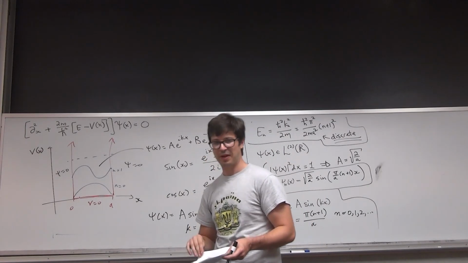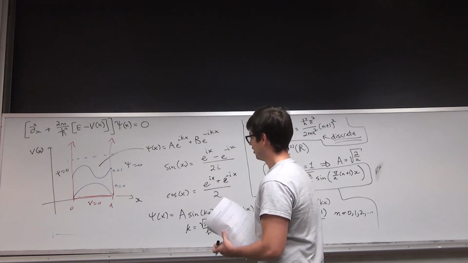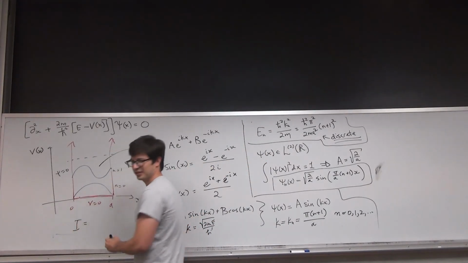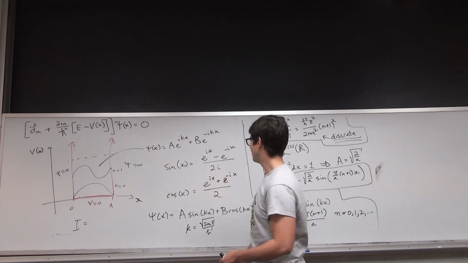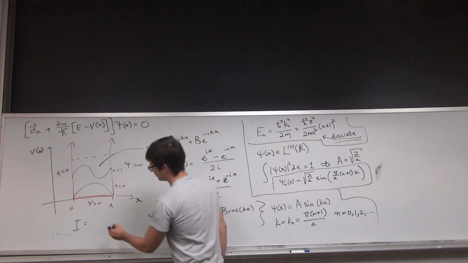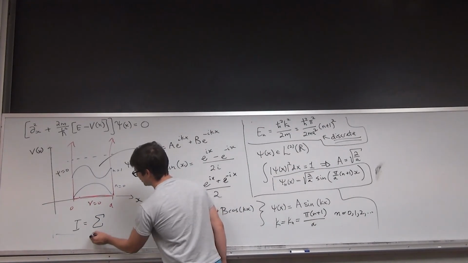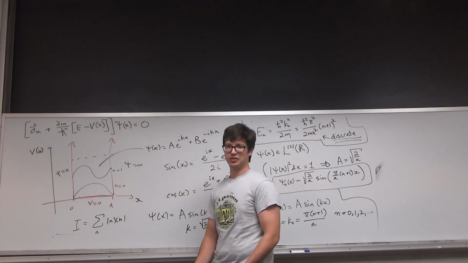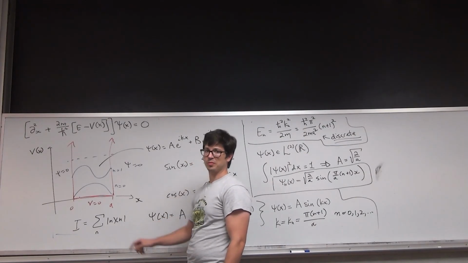And what's interesting about this is that, remember, you have that completeness relation. So now we don't have a continuous part of our spectrum. We just have an infinite number of discrete states. Remember that in principle, you should be able to decompose your identity on your Hilbert space into your discrete spectrum.